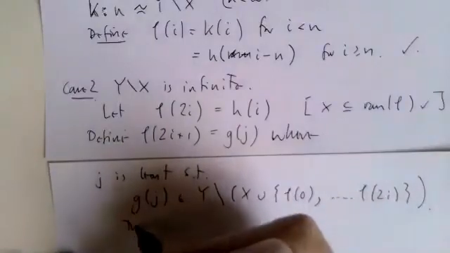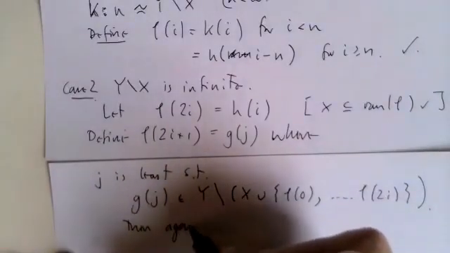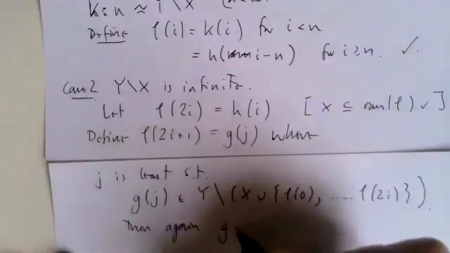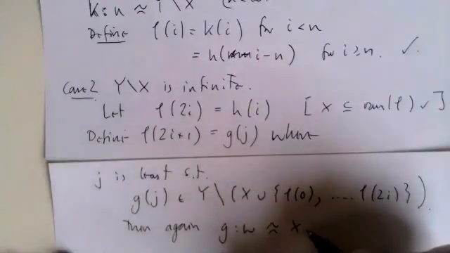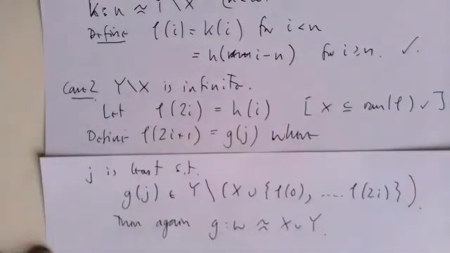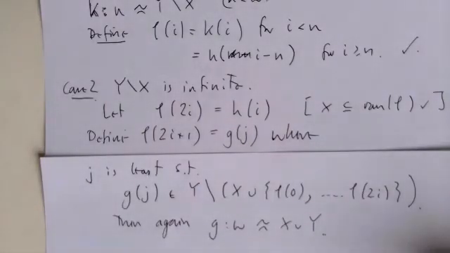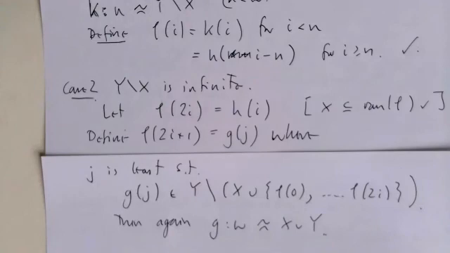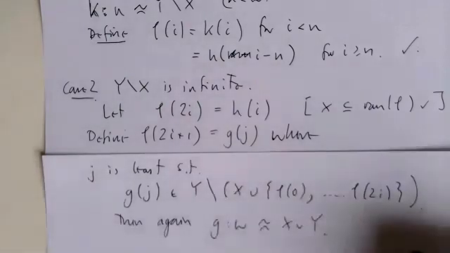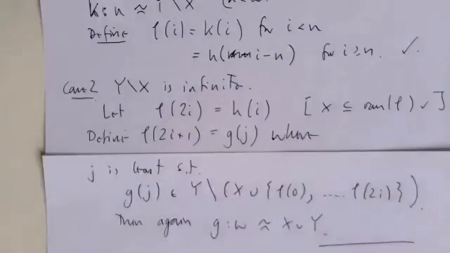So then again, this L should take omega bijectively to X union Y. And we've catered for either of these cases. But this is not the only way of setting this out here. I'm sure you could find other ways of specifying this.